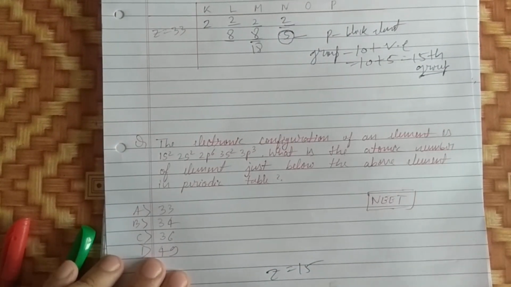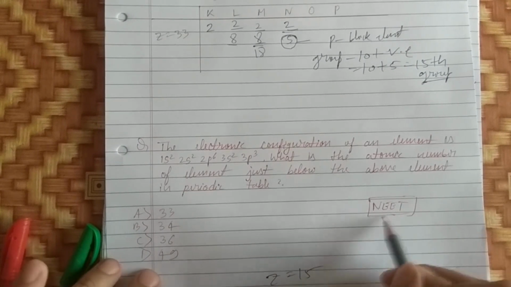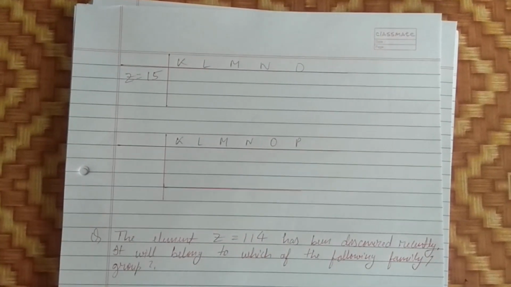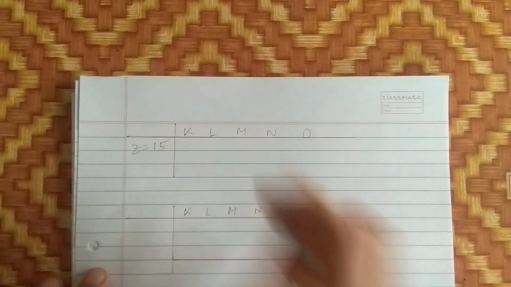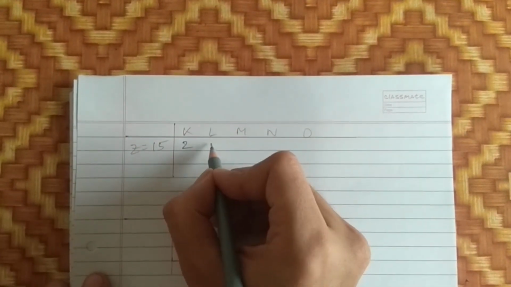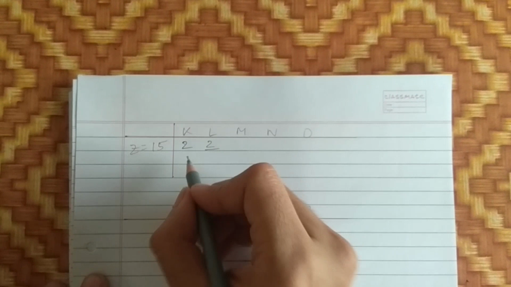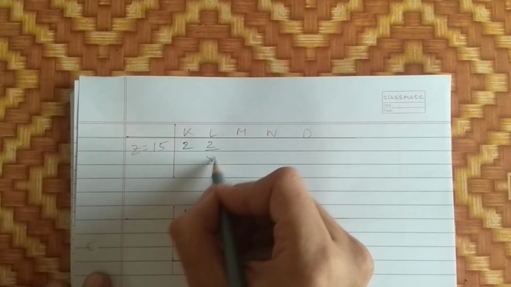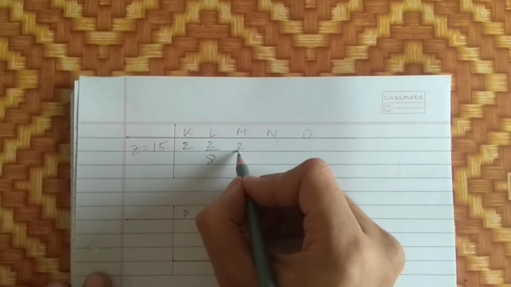First of all, we will write the electronic configuration for this element, for 15. This is again a NEET question. So 2 here, n minus 2 is okay, n minus 1 is okay, so we go up to 8 here, and then 2 here.